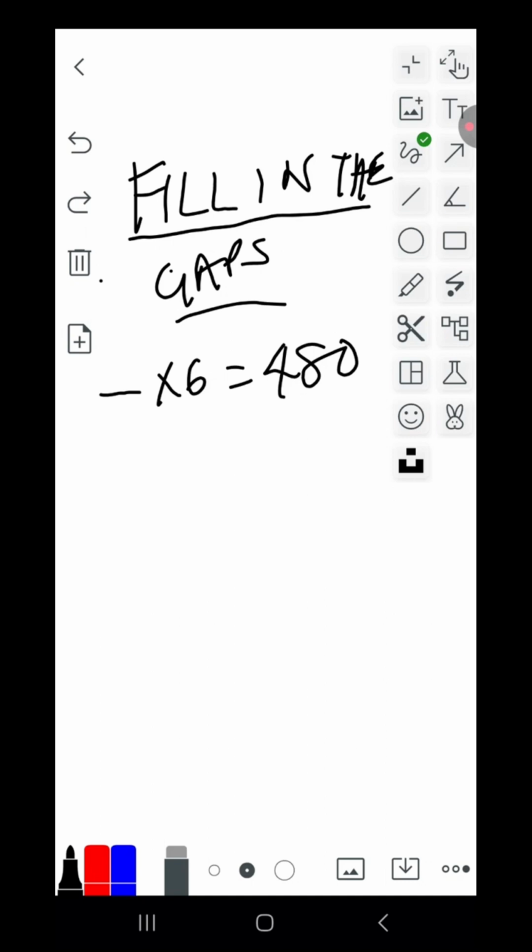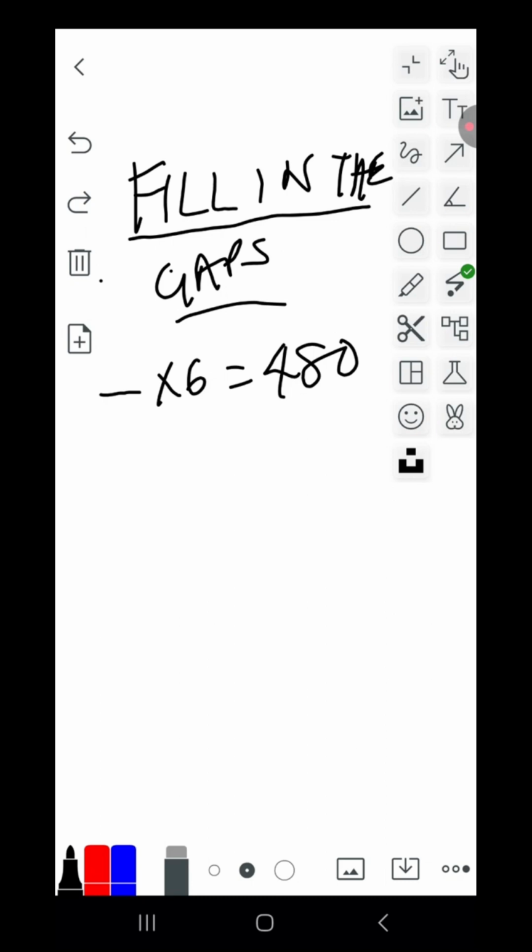In this case we have a multiplication sign, but in other questions you might have addition, or a division sign.